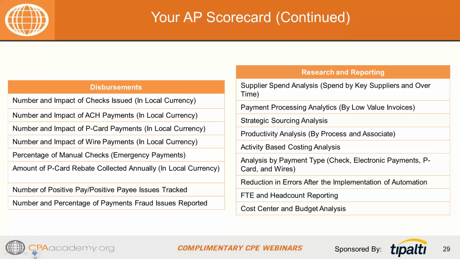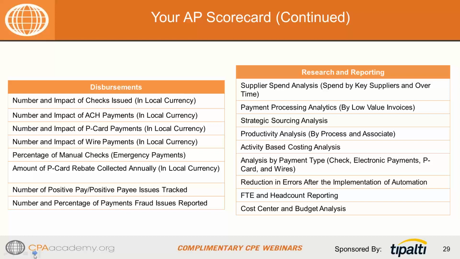And another category that we have a few metrics on for you in this scorecard approach is supplier spend analysis, spend by key suppliers over time, payment processing analytics, strategic sourcing analysis, productivity analysis, which is usually by process and associate, activity-based costing analysis, analysis by payment type, which would be as indicated in the disbursement portion of the scorecard: check, electronic payment, P-card and wires, reduction in errors after the implementation of automation, FTE, which stands for full-time equivalent, and headcount reporting.